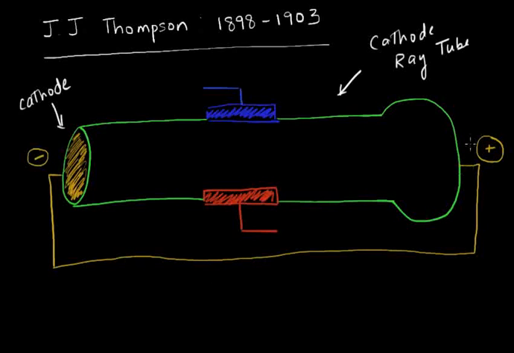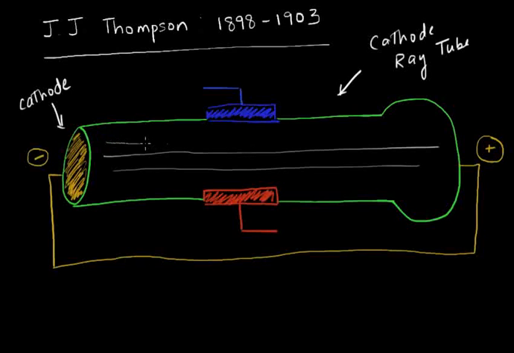We see a positive charge here, a negative charge here, and these rays of stuff. No one really knew what they were, but whenever an electric field was applied to the tube, these bright rays were seen to traverse from the cathode to the positively charged anode.